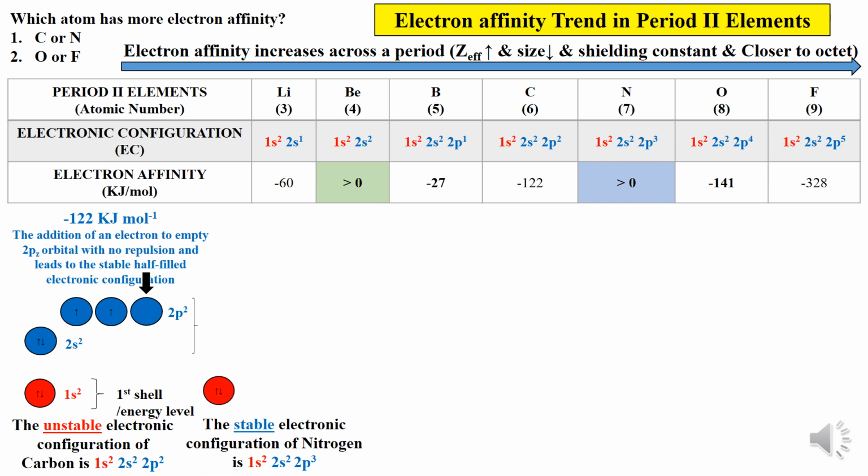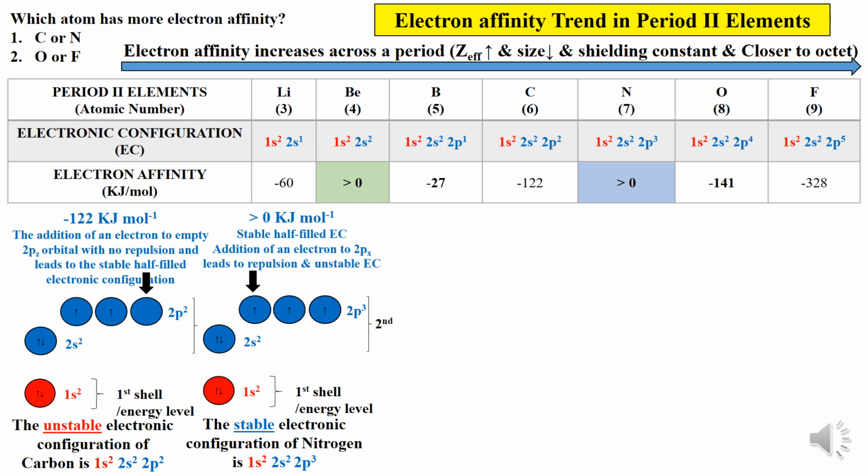And what about nitrogen? Nitrogen has a stable electronic configuration: 2 electrons in the 1s orbital, 2 electrons in the 2s orbital, and the 2p subshell is stable with a half-filled electronic configuration. And where does the added electron go? It goes to the 2px orbital. So there is already an electron present in the 2px orbital, and this leads to repulsion.